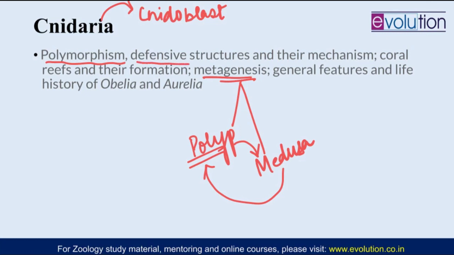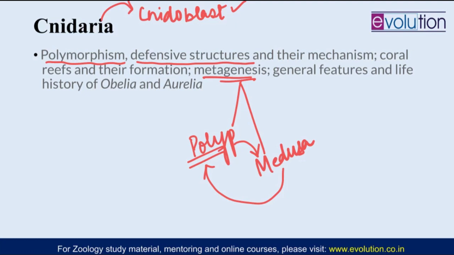Then defensive structures are cnidoblasts, and in cnidoblasts the Golgi apparatus modifies into a structure called a nematocyst, which is a stinging apparatus inside this stinging cell called the cnidoblast. There are different categories on the basis of what kind of cnidoblast it is and how it actually functions, whether it is meant for releasing venom or only for catching and attaching to the prey, and likewise.